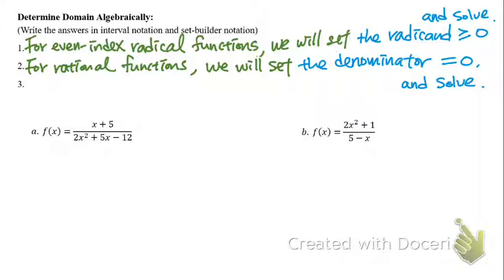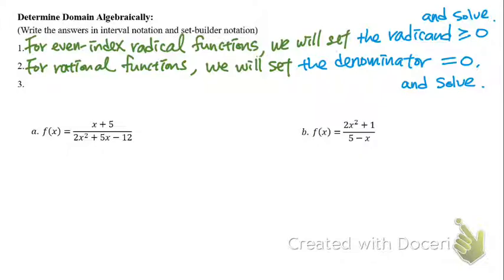All right, so then what happened? Remember, we have 2 other functions that have a domain of all real numbers. Those other functions are not rational functions, and they are not even index radicals. There are actually other functions that have a domain of all real numbers.